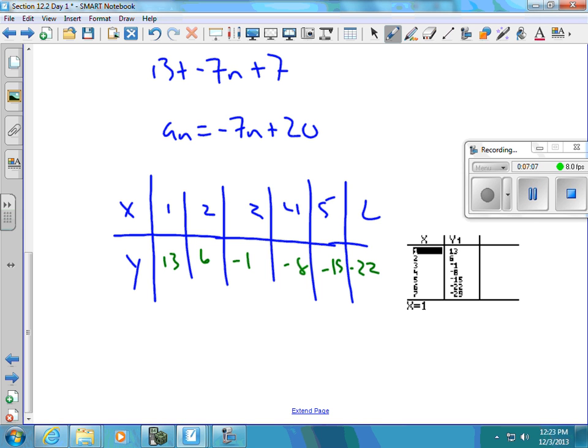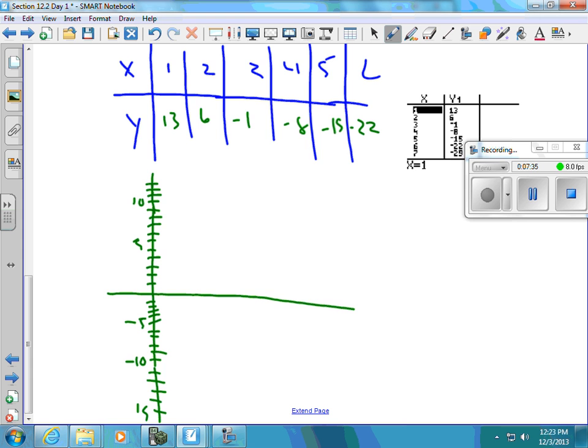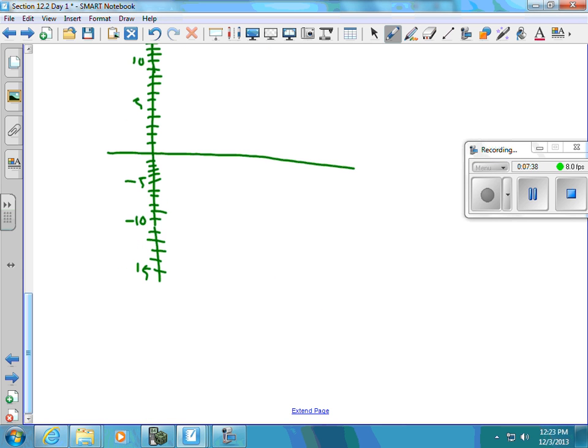If we're going to graph them, we need a scale that goes up to 13 and as low as negative 22. I should have gone by something other than 1s here, but that's okay.